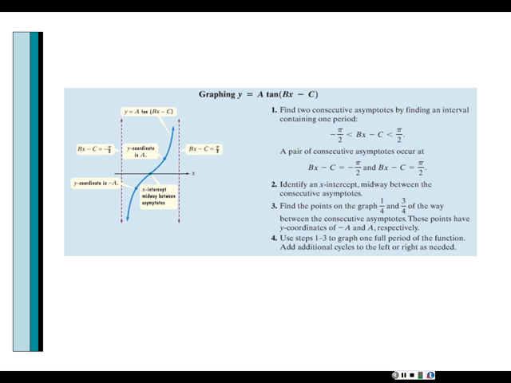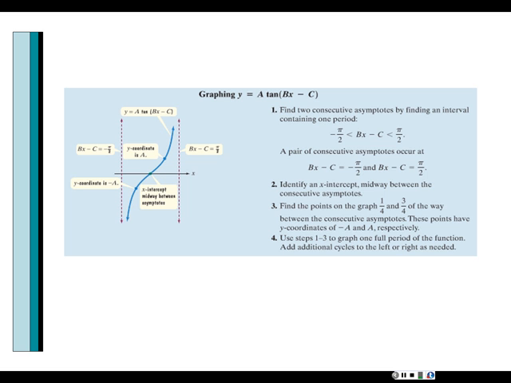We find those by finding an interval containing one period, where bx minus c must be greater than negative pi by 2 and less than pi by 2.